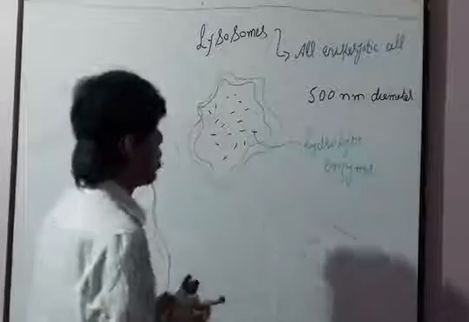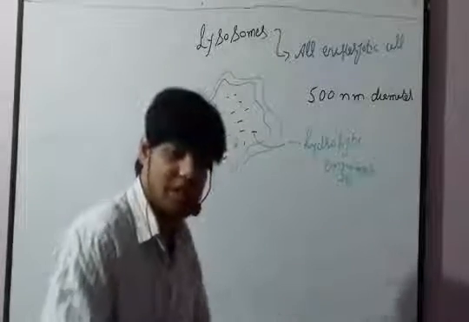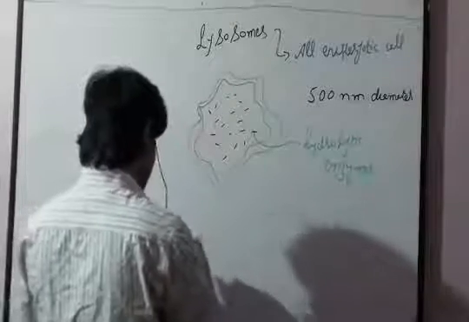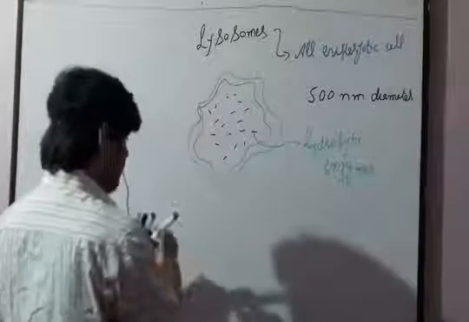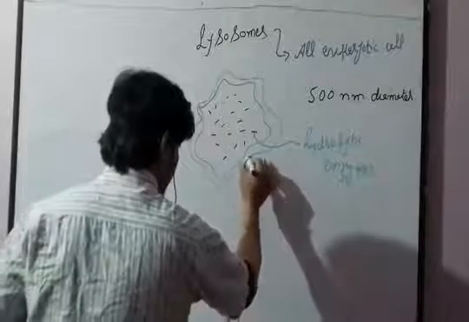Now what is the function of this hydrolytic enzyme, or we can say what is the function of these lysosomes inside the eukaryotic cell? Inside the eukaryotic cell, these lysosomes can collect the garbage material. So let me draw here.